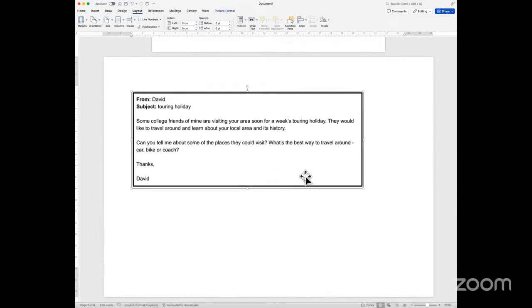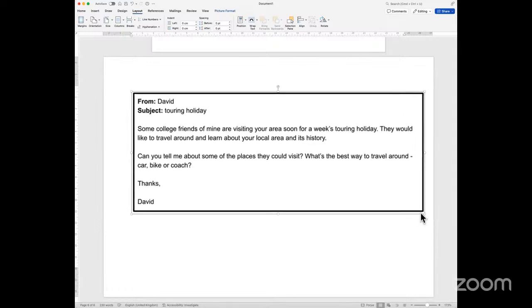Okay, yeah. So if you look at it now, first of all, is it a letter or an email? It's an email. All right. And what kind of an email is this? Formal or informal style of email? Informal. All right. And what are the things that you can spot which make it an informal email?